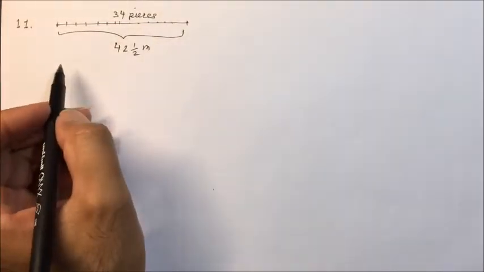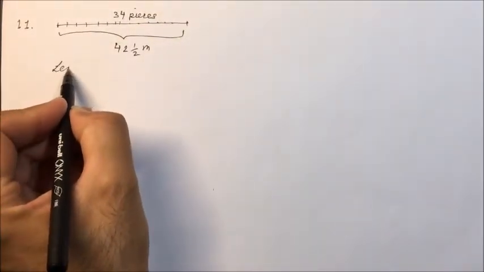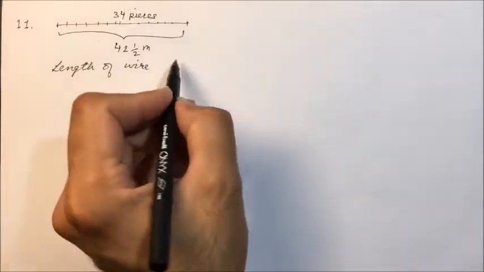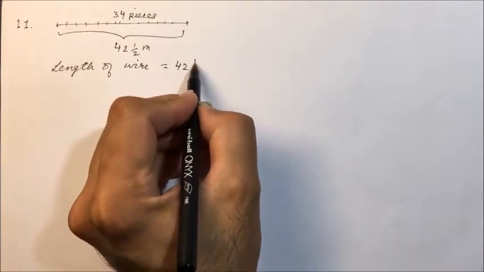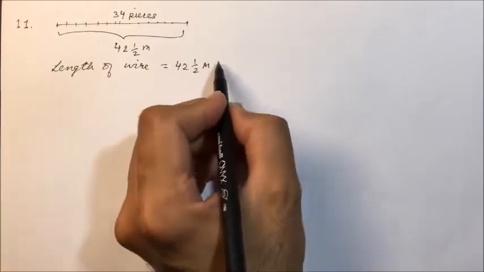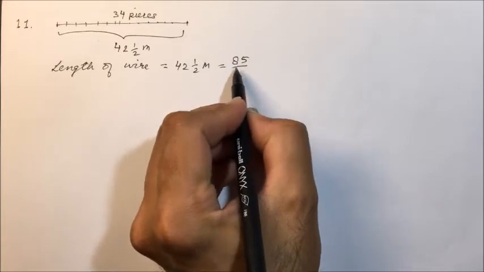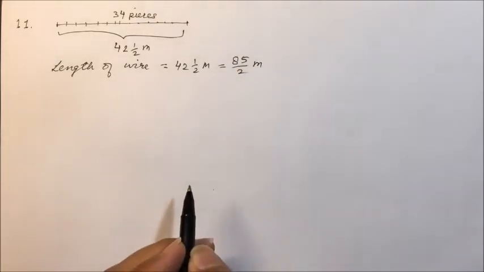Now, length of the wire given equal to 42 1/2 meters. In improper fraction it will be 85 upon 2 meter.